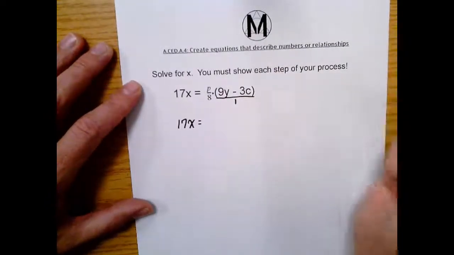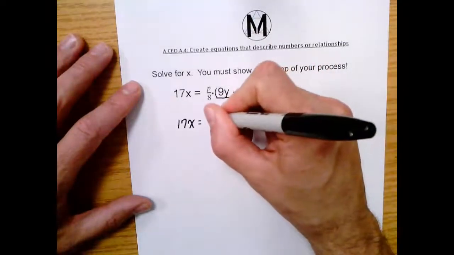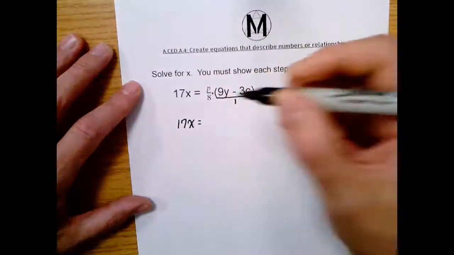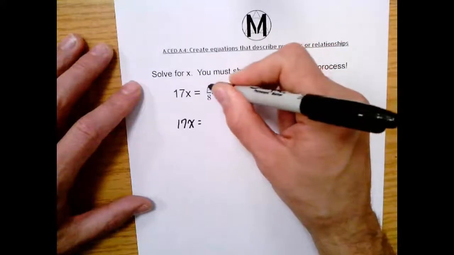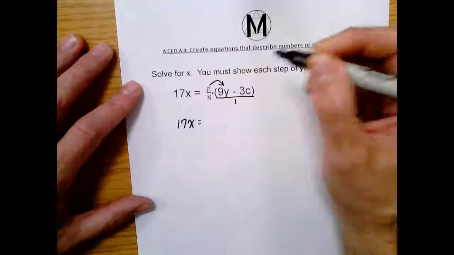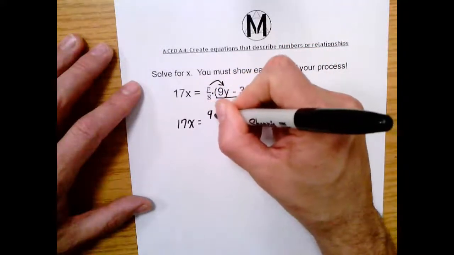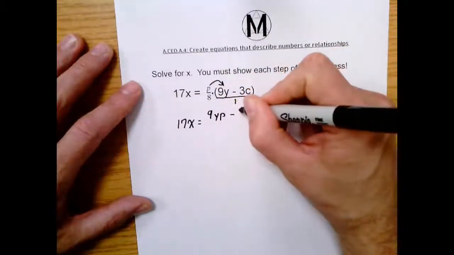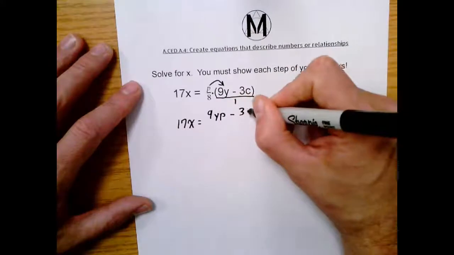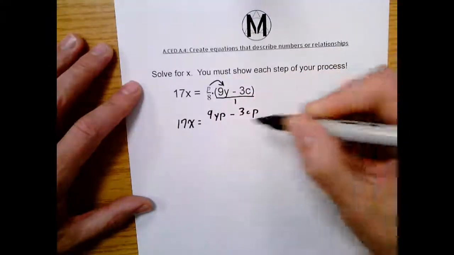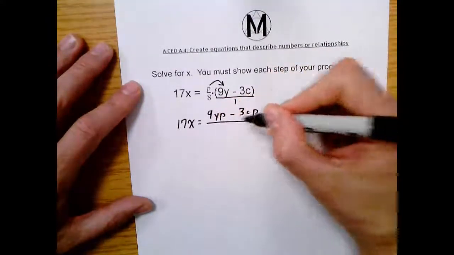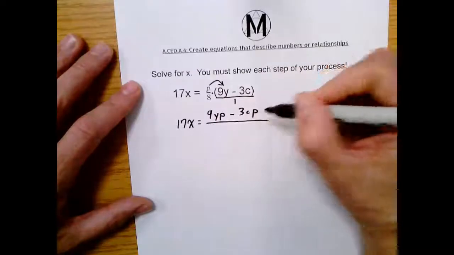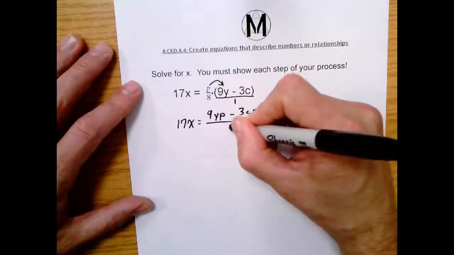Distributing the p would be really easy. If p goes to 9y, we're going to get 9y times p minus 3c times p, and all of that is on top of 8.